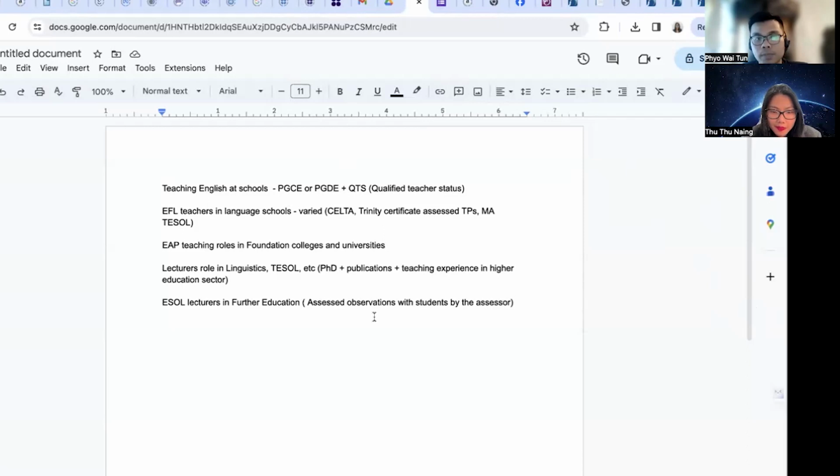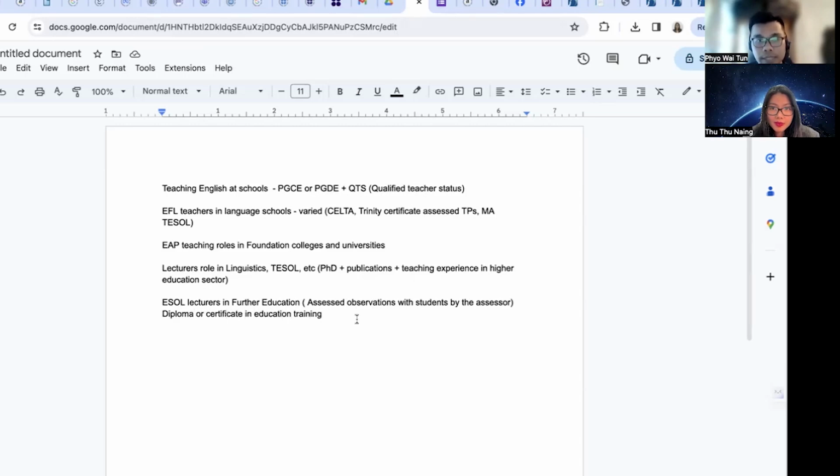The nature of DET and CET is that firstly they hire you as an ESOL lecturer in a college, and then while we are working there, we can get those qualifications.